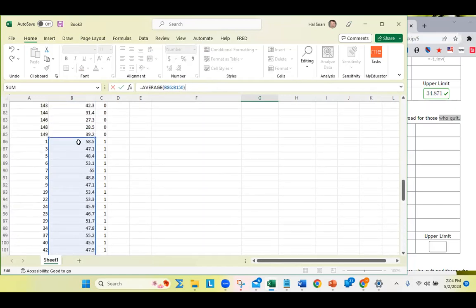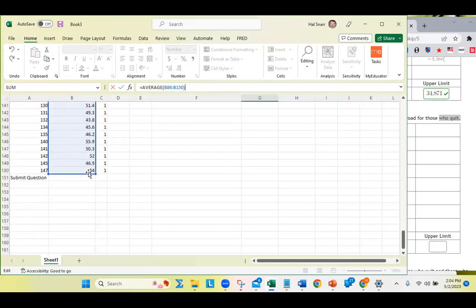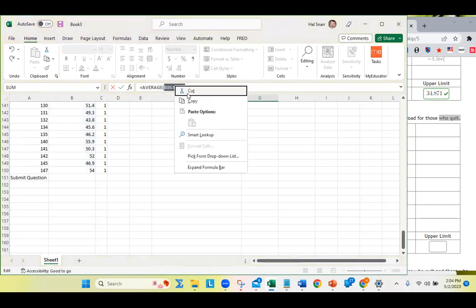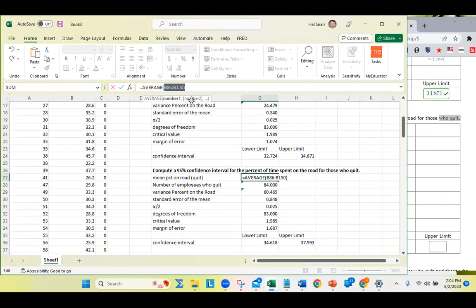So my average, I'm averaging cells B86 colon B150, right? I'm going to copy the B86 colon B150, because I'm going to reuse that over and over, right?